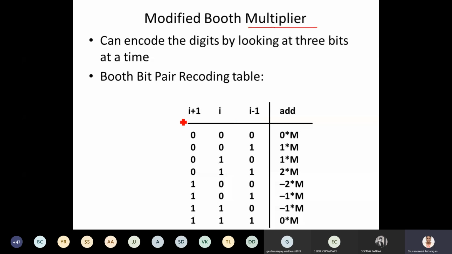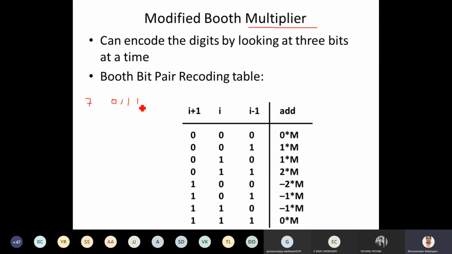I am going to recode it and substitute with 0, 1, 1, 2, minus 2, minus 1, minus 1, 0. I am simply going to check my multiplier. For example, if my multiplier is 7, I am going to use 0, 1, 1, 1. This is going to be my multiplier.